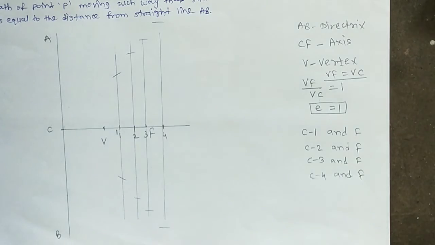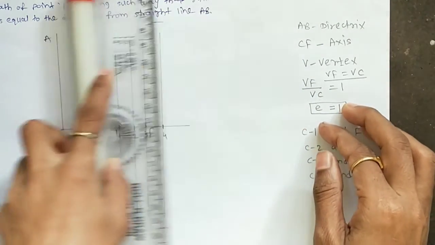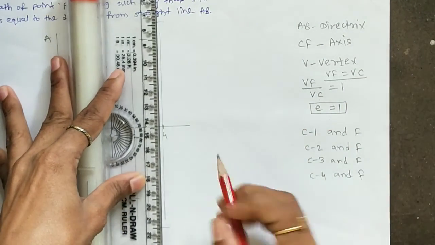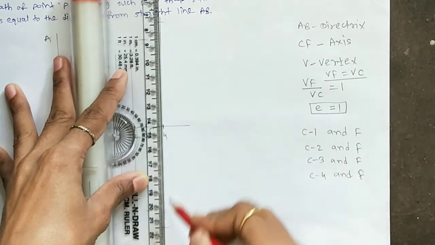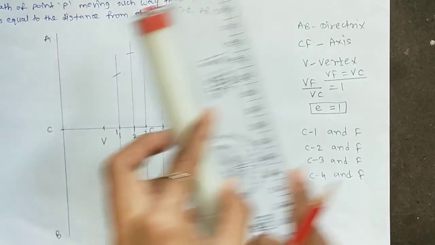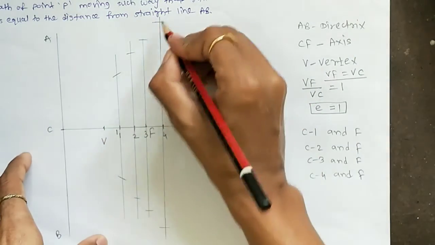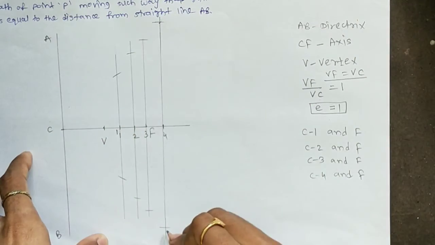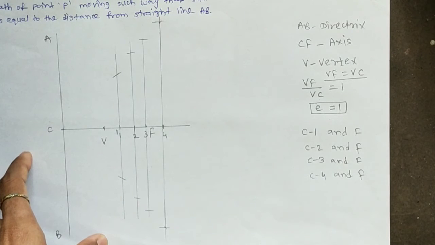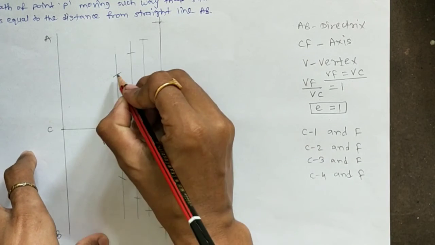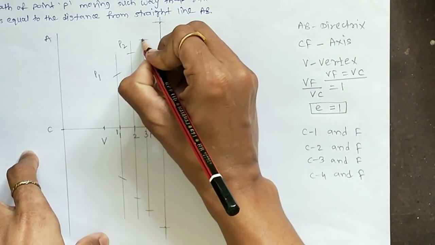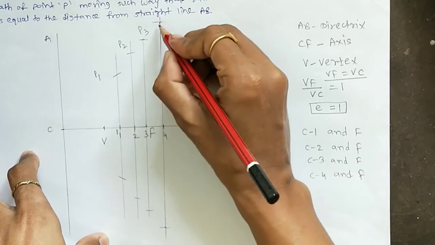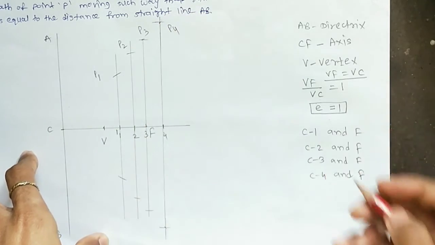So I have to extend this line up to the arc. So this point we got. Then give name to these points as, suppose this is point P1, this is point P2, this is point P3 and this last point as P4.